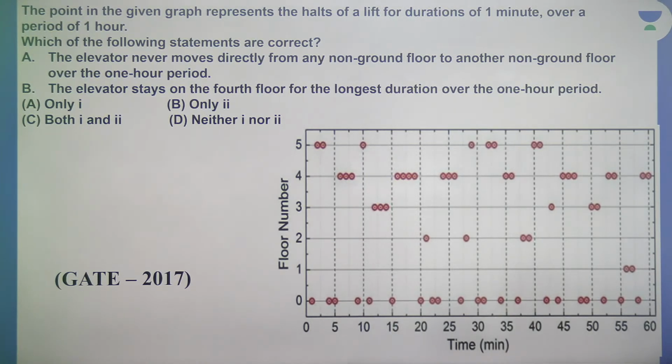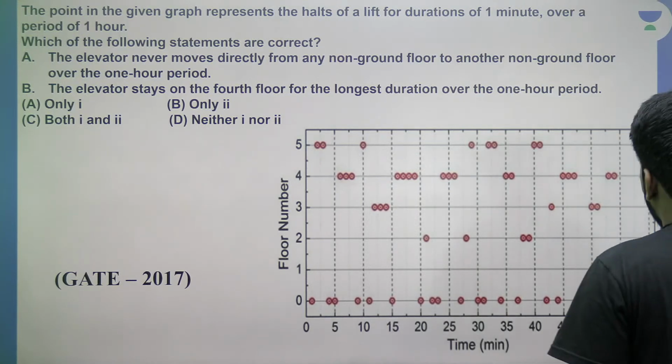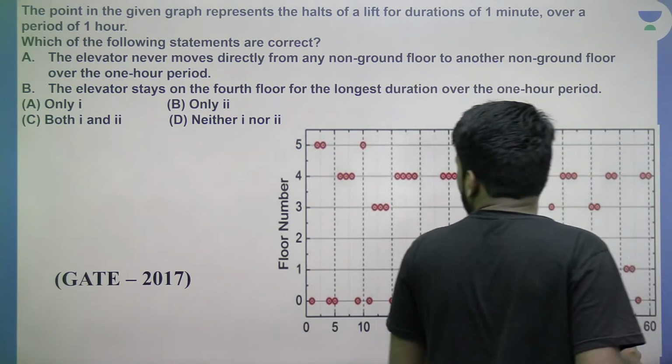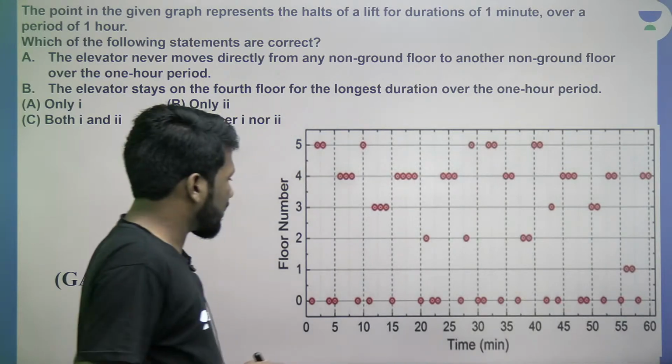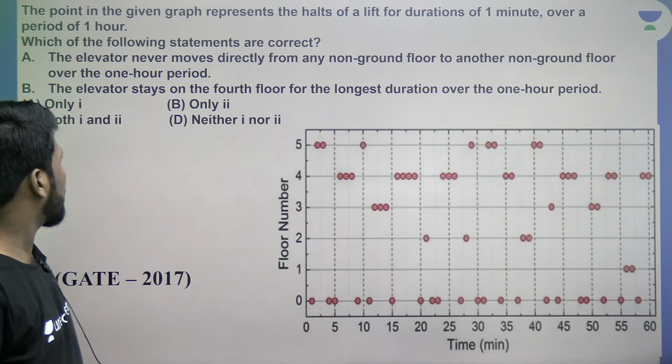The point in the given graph represents the halts of a lift for durations of 1 minute over a period of 1 hour. Which of the following statements are correct? Yeah, if you use a lift regularly in your office or if you are staying in an apartment complex where a lift is there, you can relate to this question more.